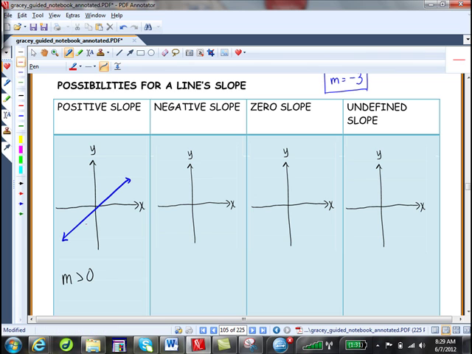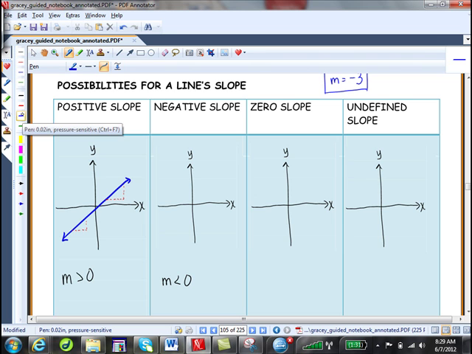And notice as we move from left to right, if we were to make a slope triangle, we'd be going to the right and then up. Anywhere we are on the line, we go to the right and then up. Now, negative slope means that M would be less than 0, which is mathese for a negative number.